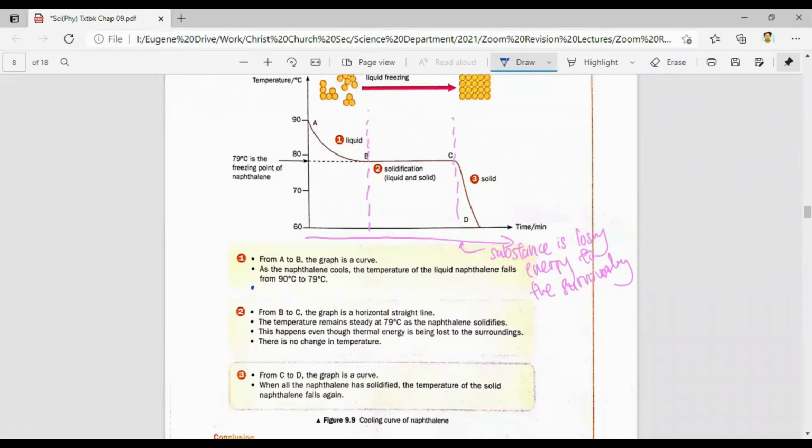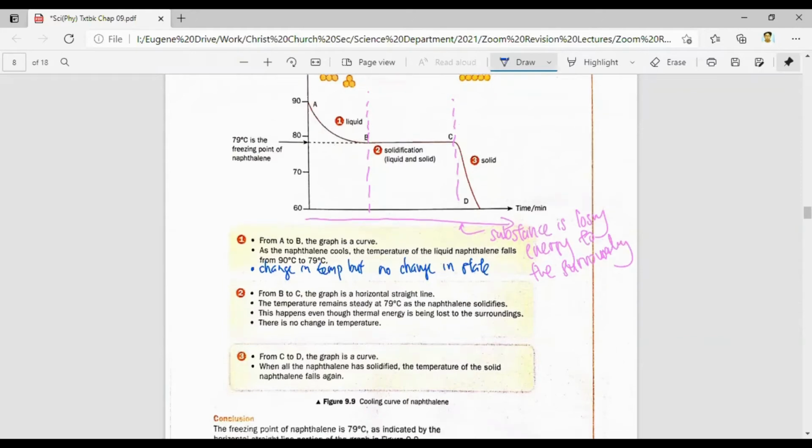You will see that there's a change in temperature, but no change in state. It's very important because what I mentioned before was that internal energy can only focus on the KE at one time, or the PE. It will not have both happening at the same time. So in this case, there's a change in temperature, so definitely there's no change in state.